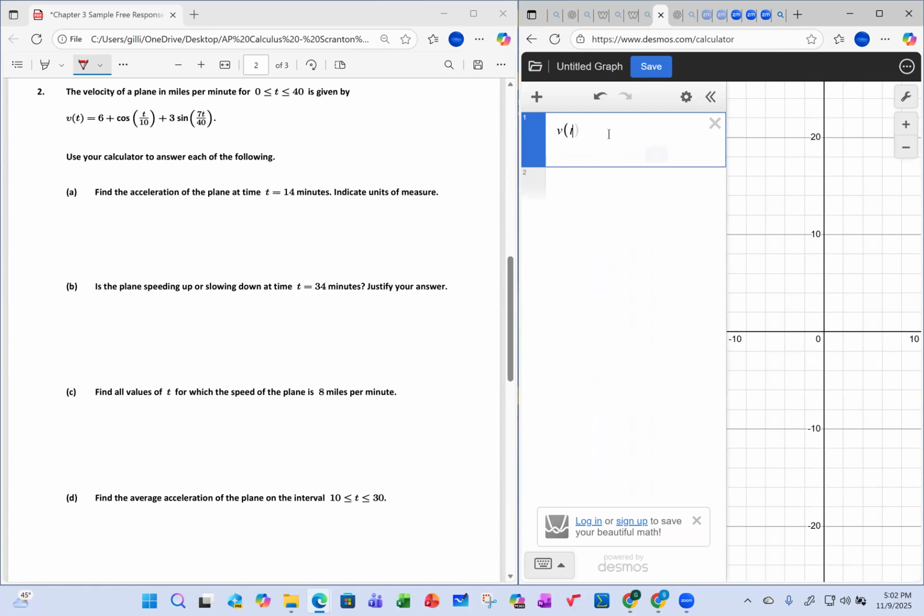So v at t equals 6 plus cosine of, I think, can it use t? I think so. Let me try that. I usually always use x, but yeah, I think it's okay. I don't know why I thought otherwise there.